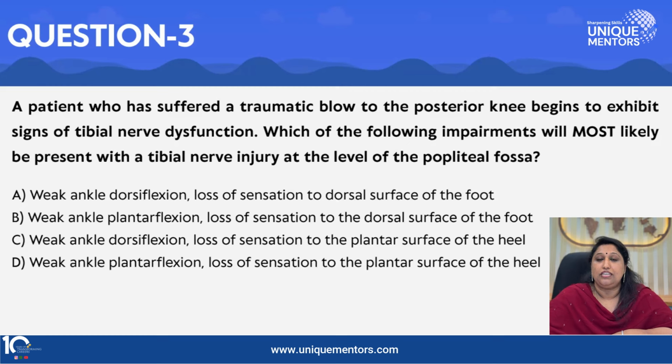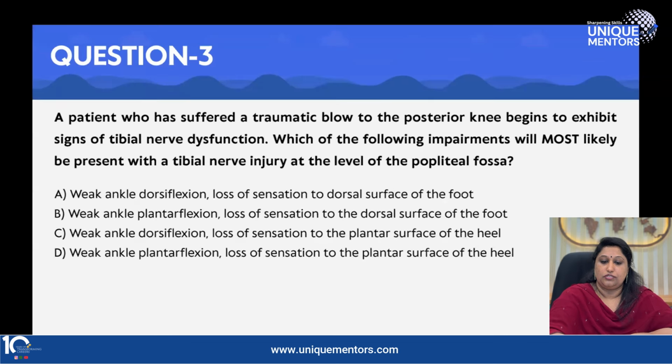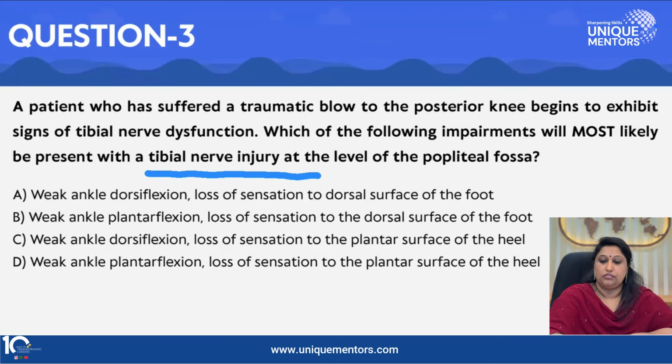This will be the key information in this particular question. So this is a tibial nerve injury, and the important point here is that it is at the level of the popliteal fossa.